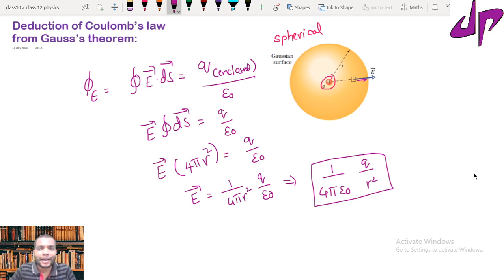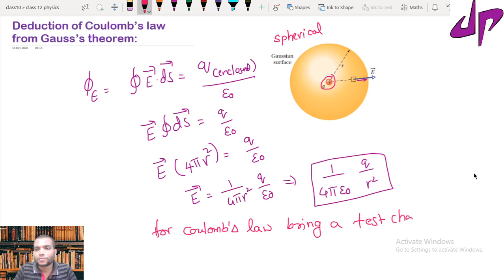From this electric field I need to write Coulomb's law. Coulomb's law is nothing but the force. For that we need to bring a positive test charge. By convention, we always take a positive charge as the test charge.